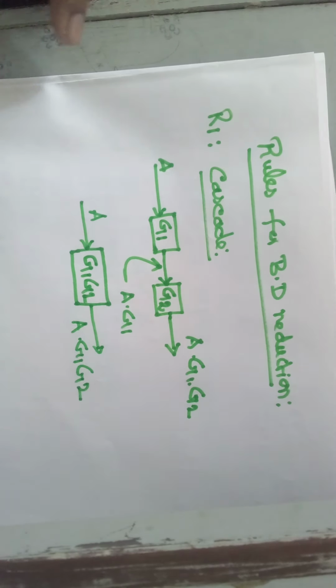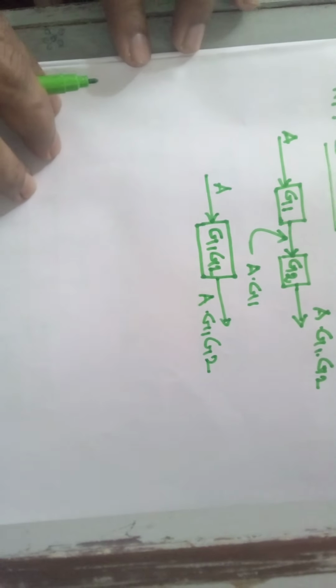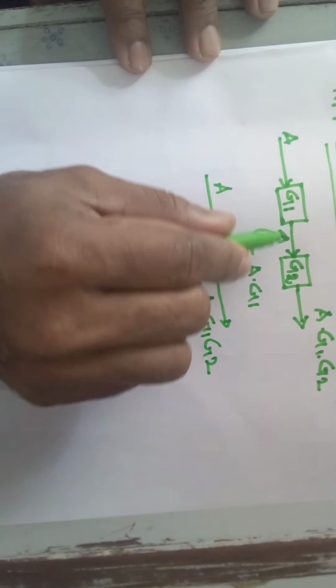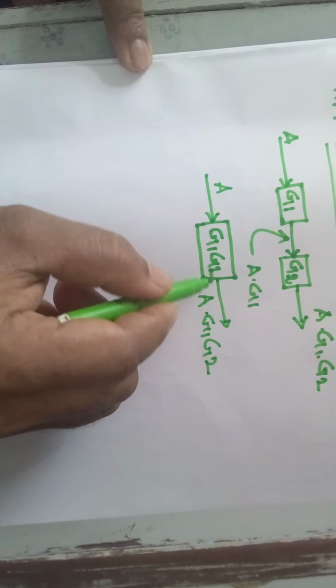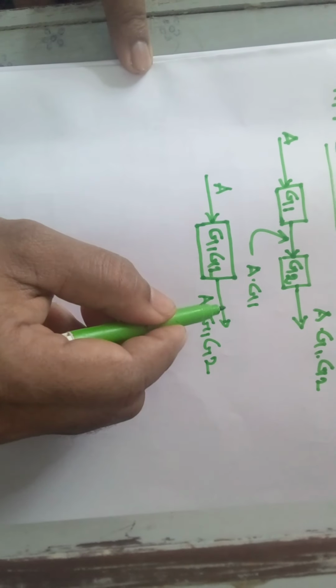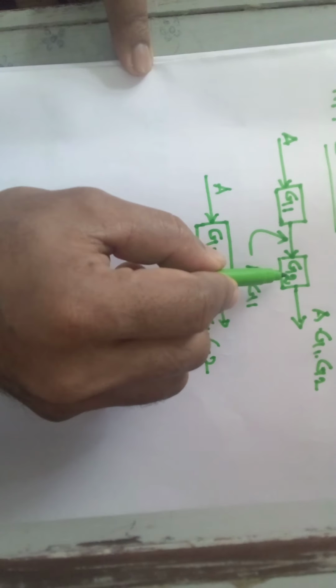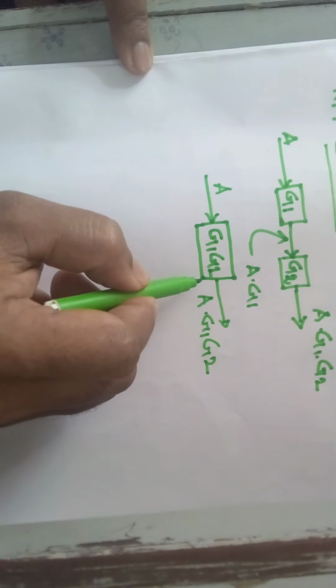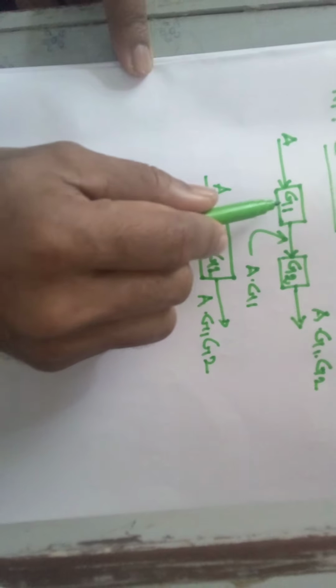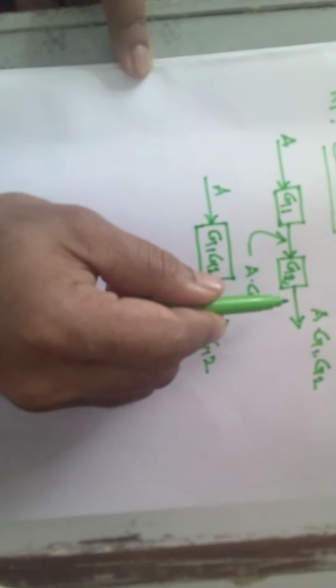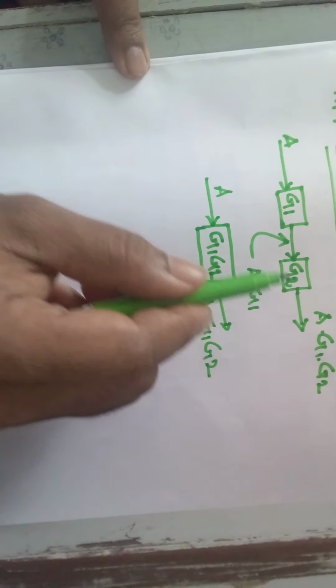Understood? This is the first rule. While you connect more gain blocks in cascade, you need to multiply all the gains. So you can replace all such individual gain blocks with a single gain block by multiplying all the gains which are connected in series.